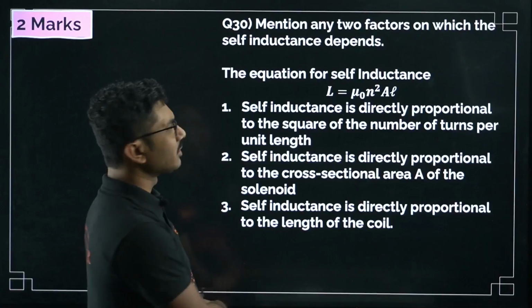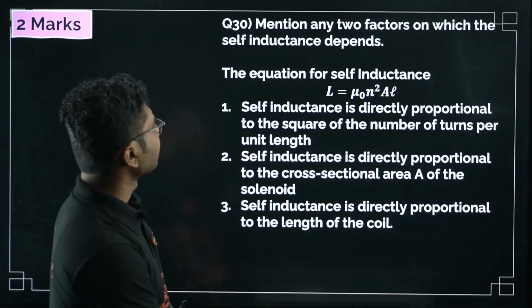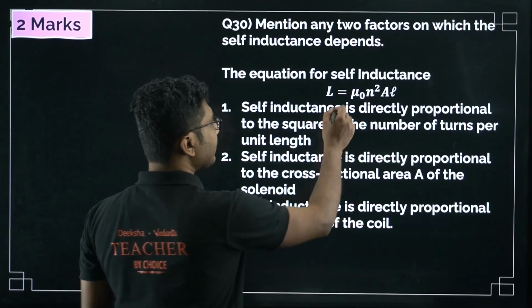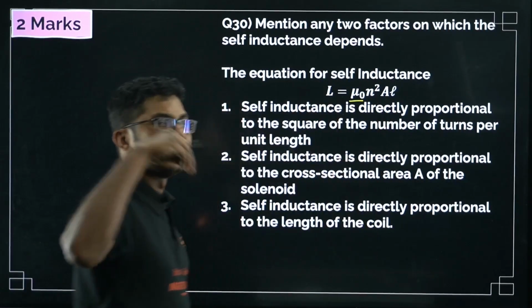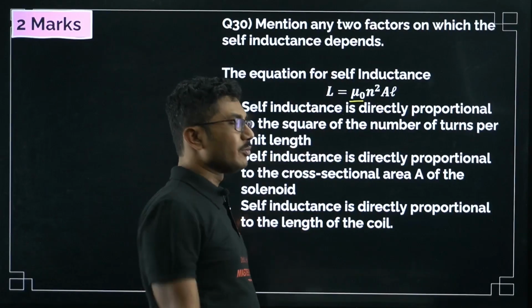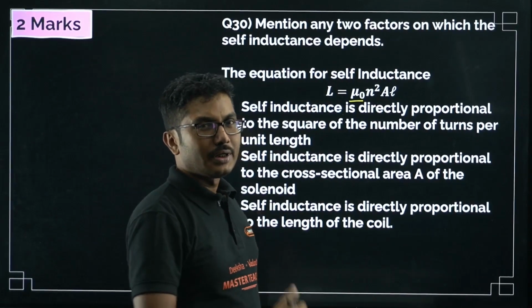Coil or solenoid, same thing. Also, instead of mu naught, if you add any other material inside the coil, you will get a different self-inductance. So mu also changes the self-inductance.